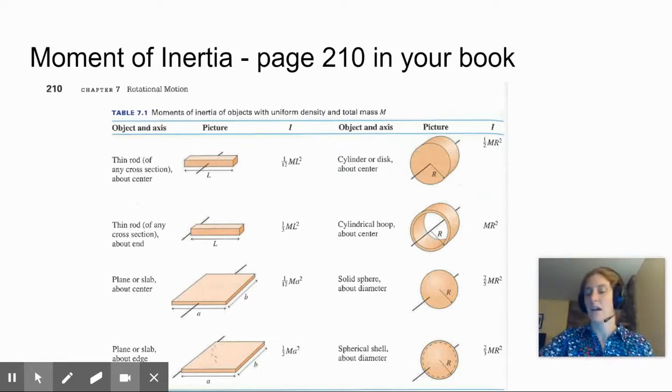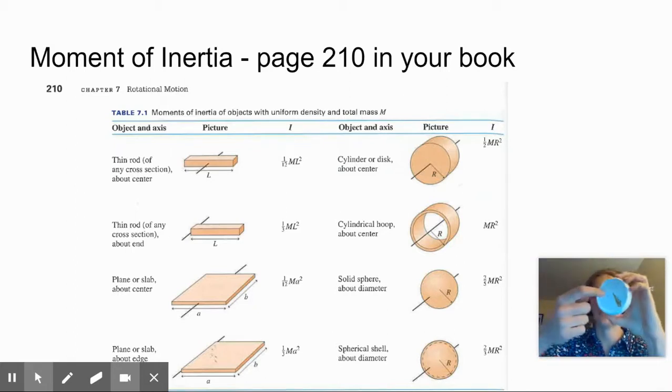Now, if I have something solid and I have this rotating, you'll notice that some of this mass that's close to the center is not going around as far. So here's the middle. I'm going to draw the middle here.